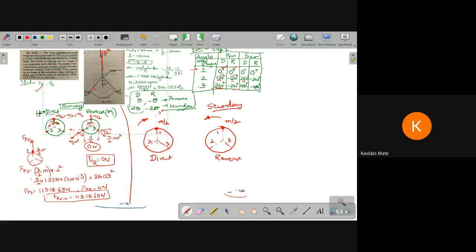Whatever direction of rotation we considered in primary, we will consider the same for secondary. We had considered direct as clockwise and reverse as anti-clockwise. So ideally I should keep the mass at point number 2, but it is relocated at 240 degrees with respect to 2.